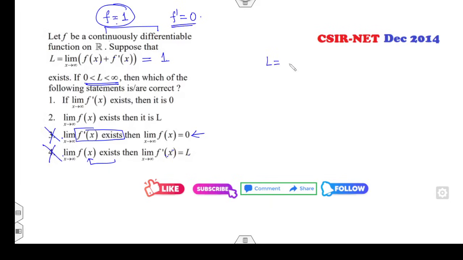Now, what is the meaning of the first and second part? f plus f dash. The first says the limit of f dash exists and is equal to 0. If this quantity is 0, then L will be nothing but the limit of f, and if the limit of f exists, then it is L. If the limit of f(x) exists, then the limit must be unique, fine.